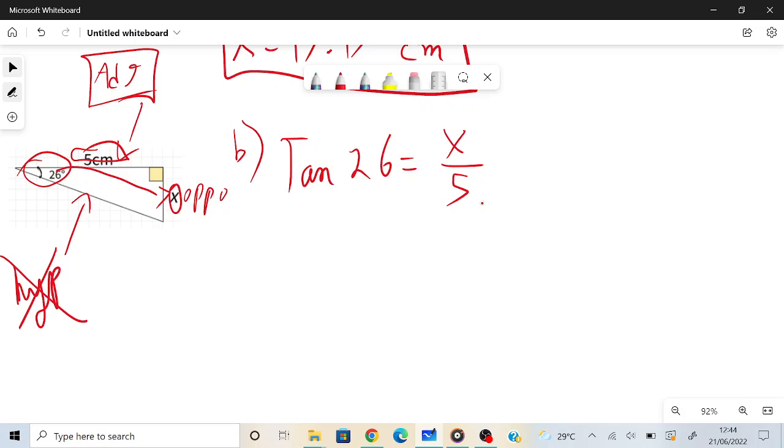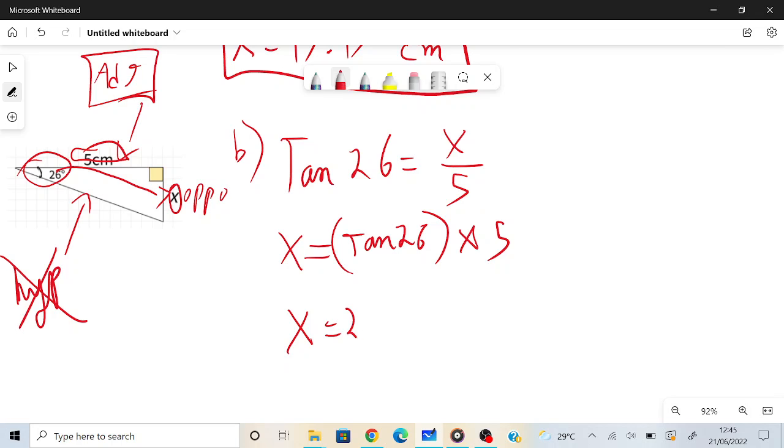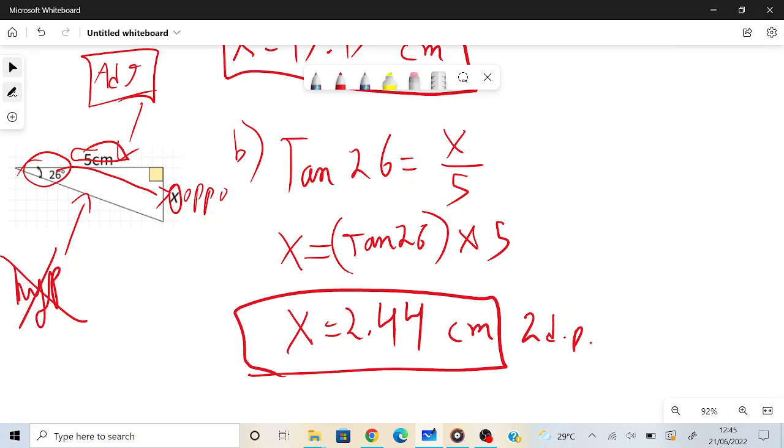Then we just cross multiply. x is tan 26 times 5. That's 2.44 centimeters to 2 decimal places, and that is your final answer to that question.